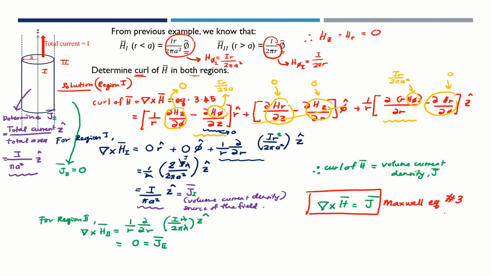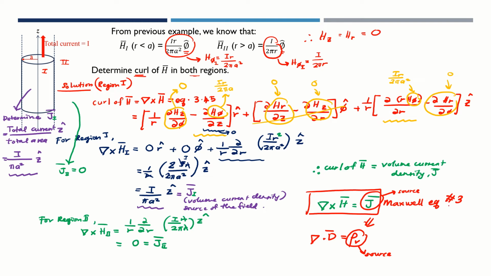We can compare Maxwell equation number 3 with Maxwell equation number 1, where del dot product with the electric flux density is always equal to rho v. And what is rho v? Rho v is also the source of the electrostatic field, and J is the source of the magnetostatic field.